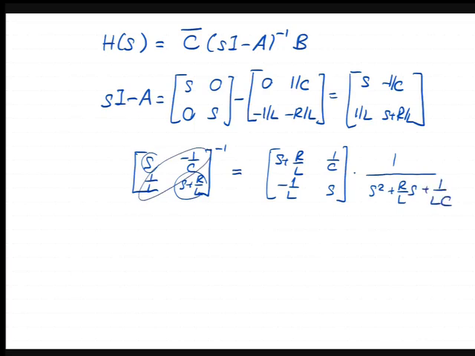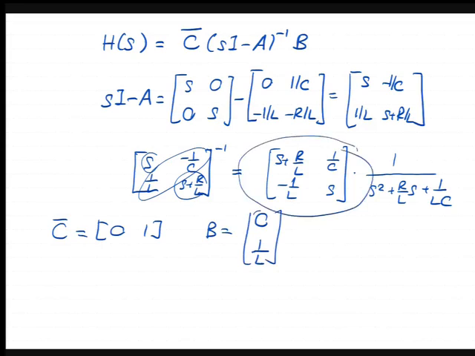Okay? Now, C bar, remember, was 0, 1, and B was 0, 1 over L. So when I multiply this guy, C bar, from the left and B from the right, I'm actually going to pick only one value, the 2 by 2 entry, right?